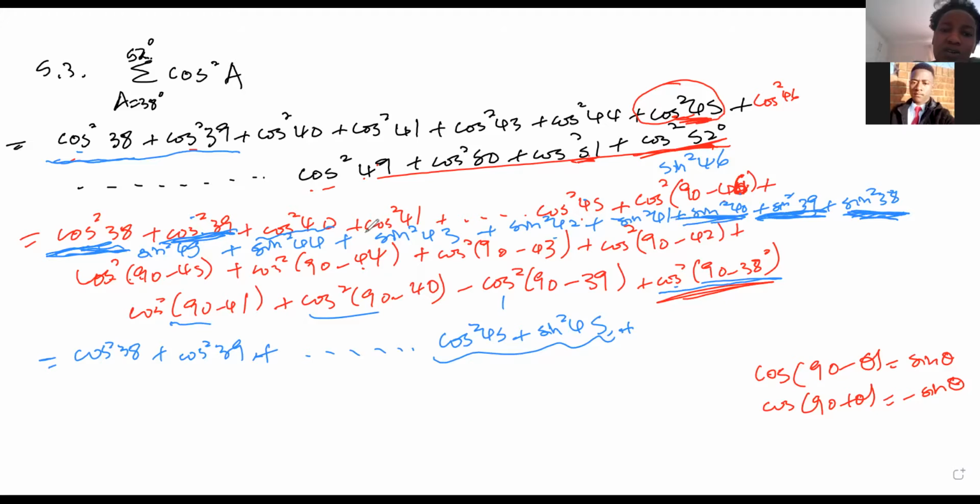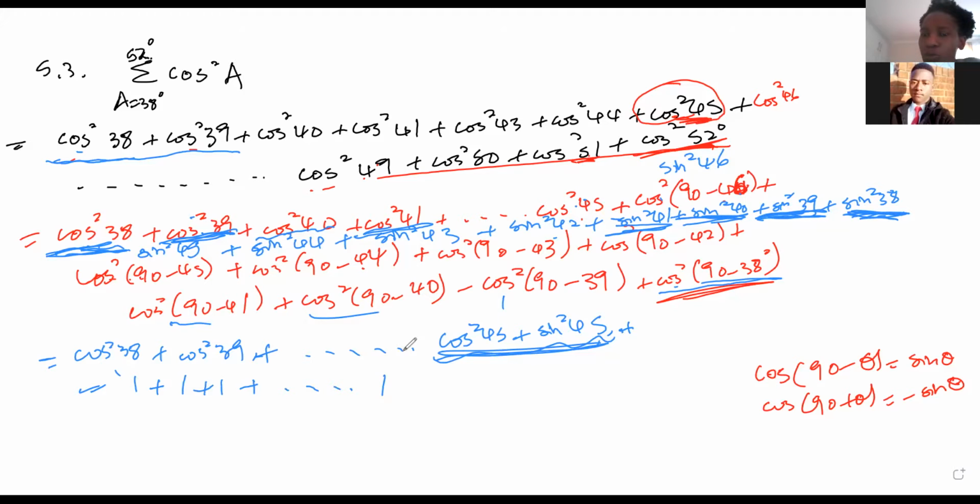You pair cos squared 41 with a sine squared 41, it gives you 1. You pair cos squared 45 with the sine squared 45, it gives you 1. So at the end of the day, you're going to have 1 plus 1 plus 1, and so on.